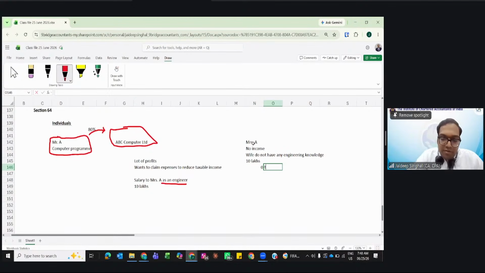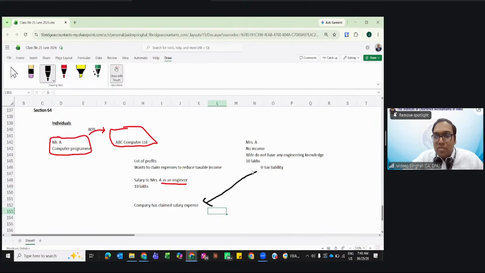Now, in a nutshell, what are we doing? The company has claimed salary expense, and for the spouse there is zero tax liability. This is a planning that is done.